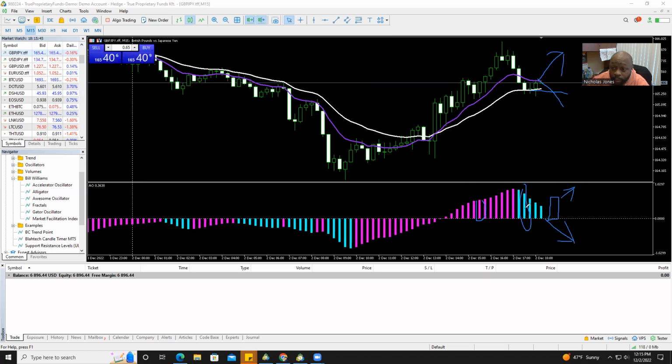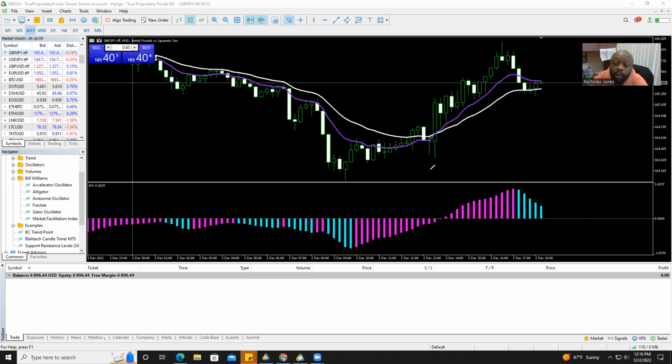That's it. So once this particular line creates itself, out. It's very, very simple. Not much to this strategy. 3 indicators. These 3 indicators will help you get into the market and get out.